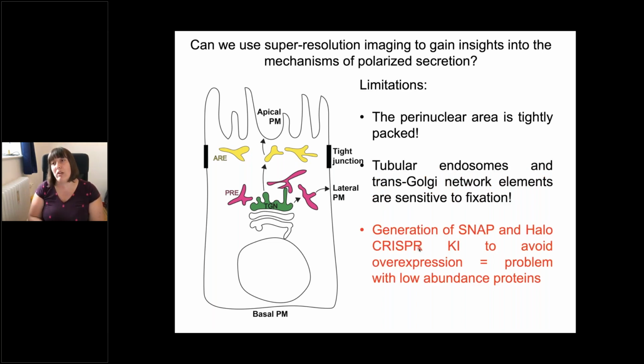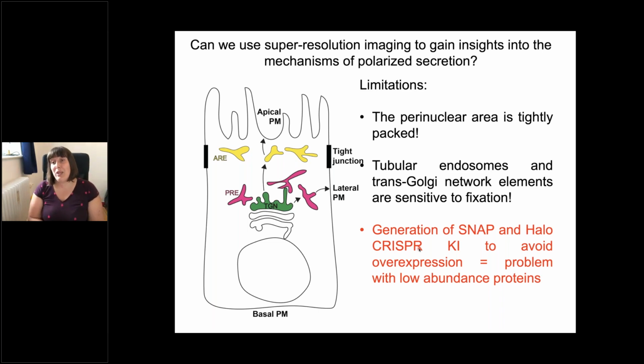Additionally, a further limitation for our work is that we work on very important cellular machinery components, and we don't want to overload the cells and overexpress them. So what we do is use CRISPR-Cas9 to endogenously tag, so to tag with SNAP and HALO the endogenous copy of the gene, so that we do not have any overexpression issues, which end up basically masking the phenotype, or messing up the phenotype that we're trying to observe.